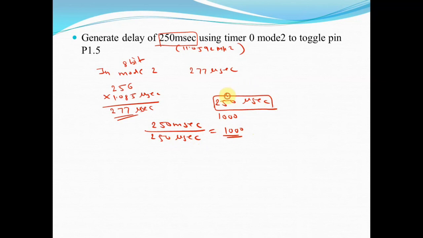I am going to write a function for generating a time delay of 250 microseconds and call that function 1000 times. So collectively I am getting a delay of 250 milliseconds.